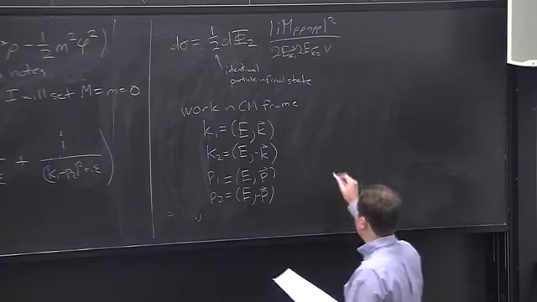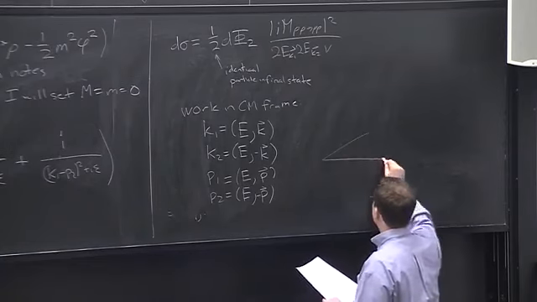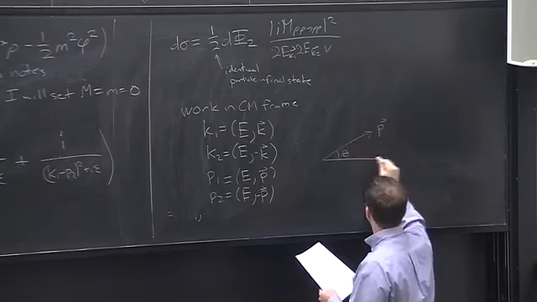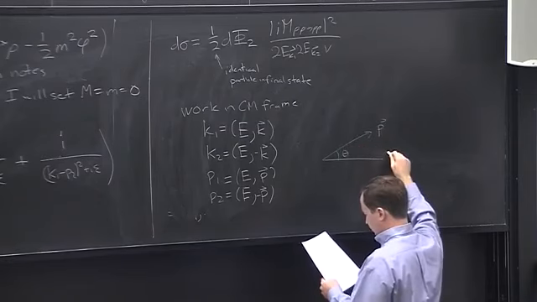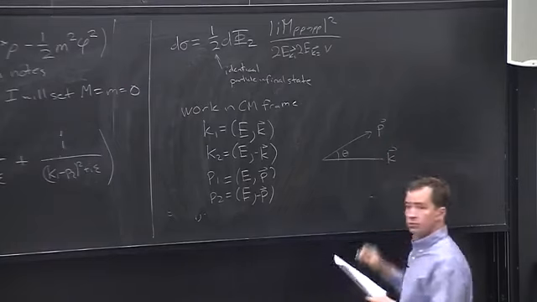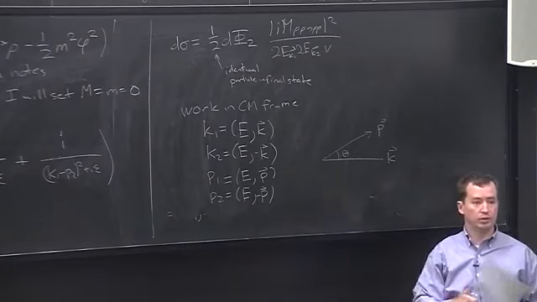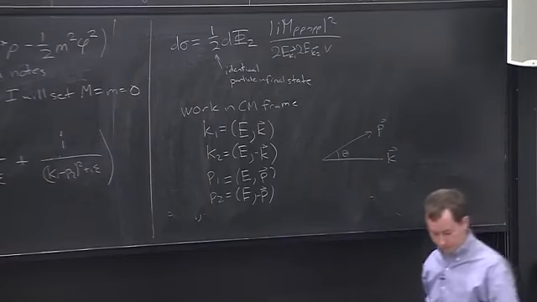And so let's assume that there's some angle theta between p and k. The energy is fixed. The only thing that can change is that it can scatter off at some angle.